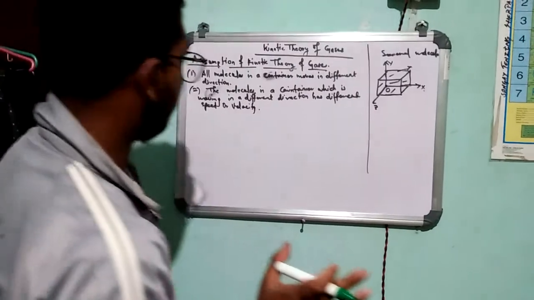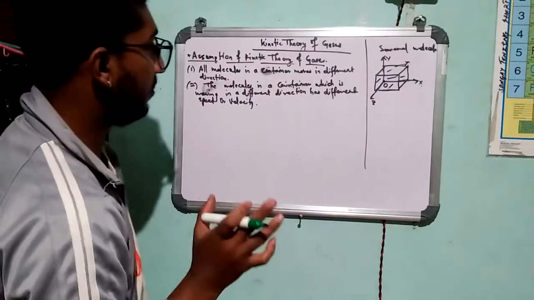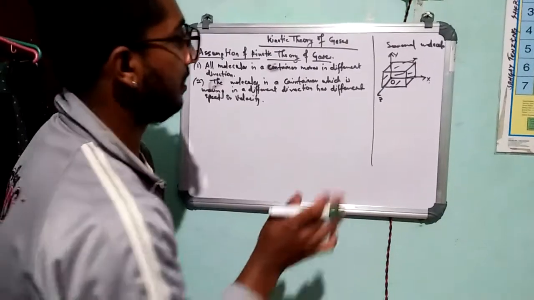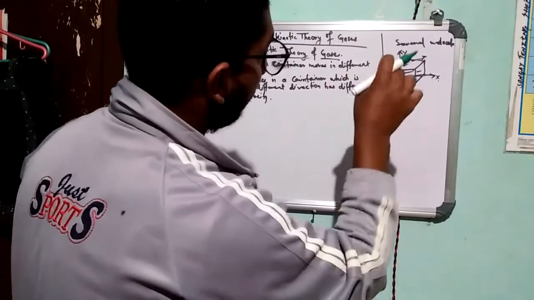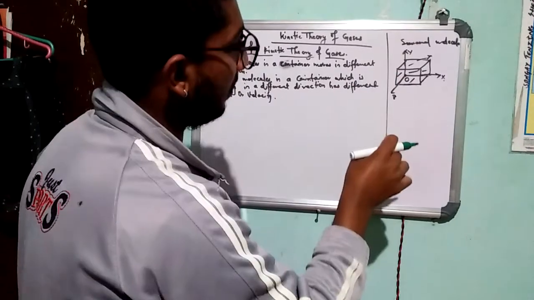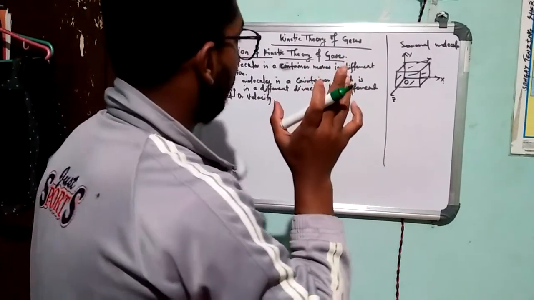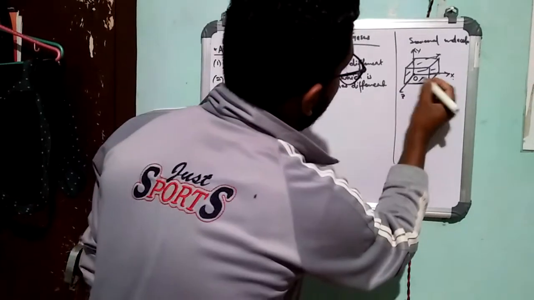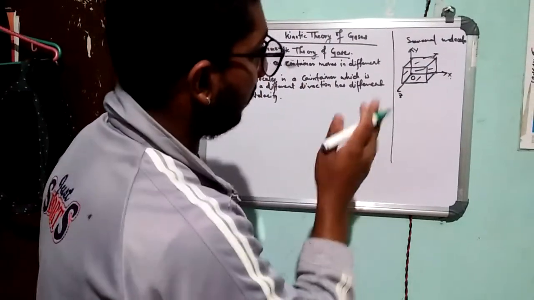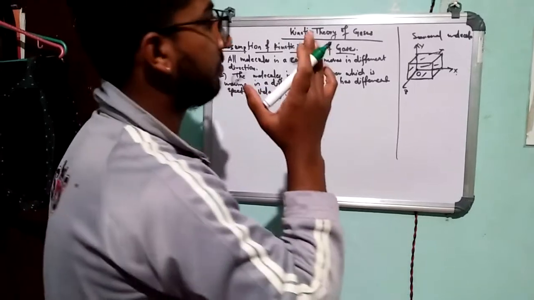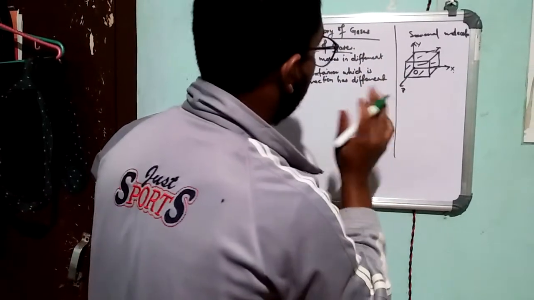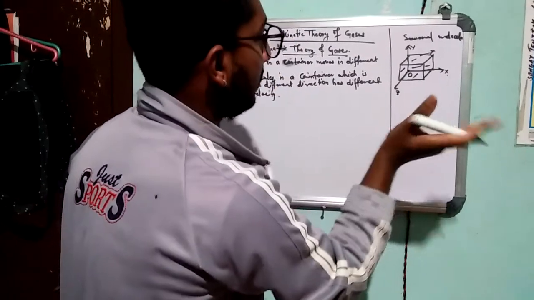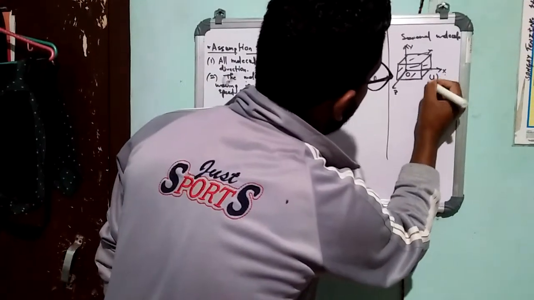So the second assumption states that the molecules of the gas which is filled in a container, moving in different directions along x, y, and z axis, have different speeds. Let us say that the molecules moving along the x-axis have a speed u.